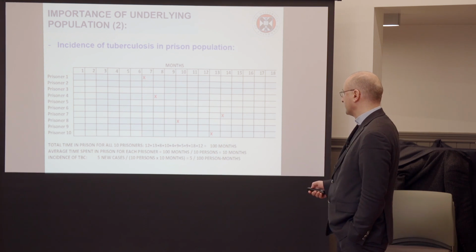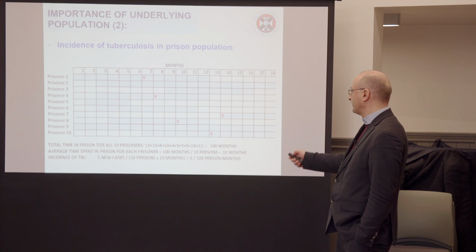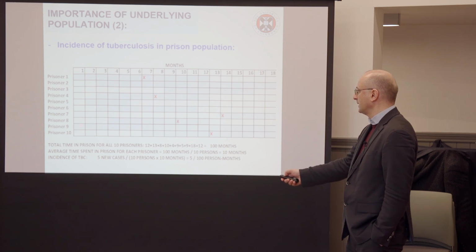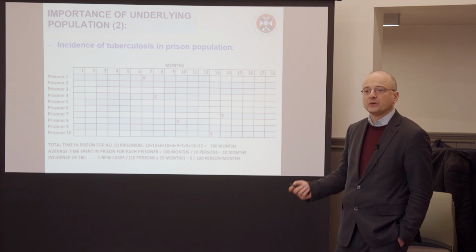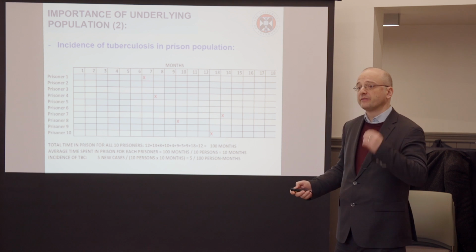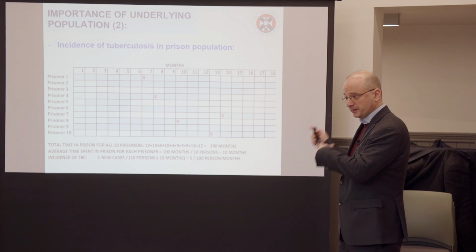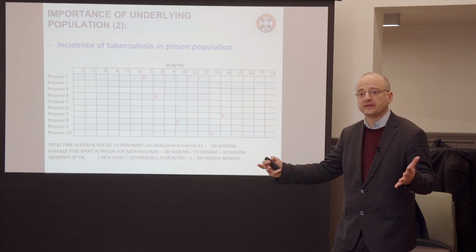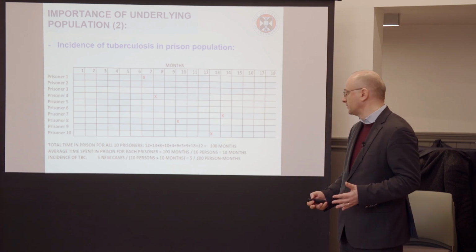So we had 5 cases, but we had 10 prisoners, 5 cases, but we can't divide this 5 by 10 times 18 months because not all of them were there for 18 months. So we need to make sure that for each person we specify the amount of time spent in prison and add them all up, because that was the period of time over which we really observed 10 people.